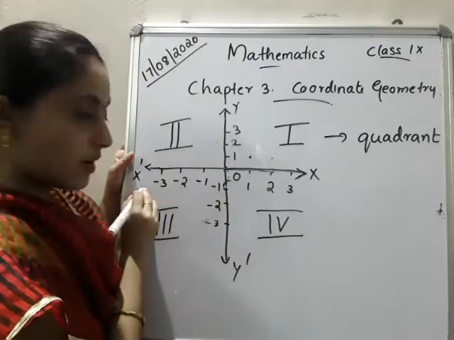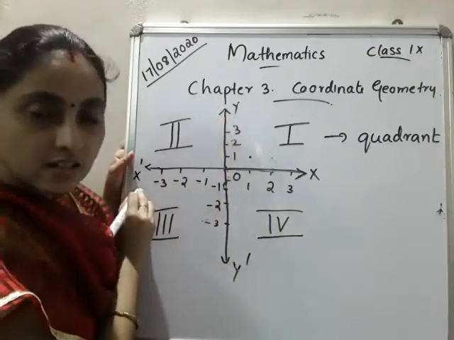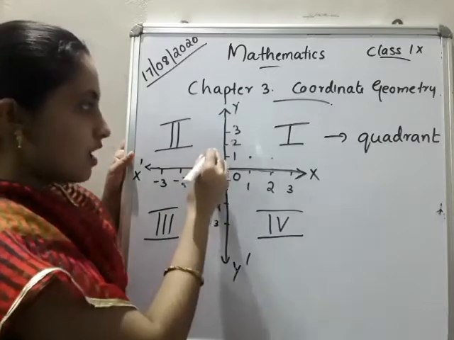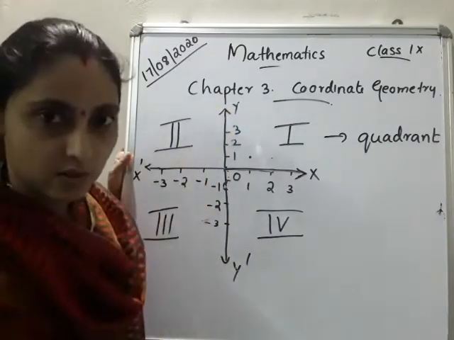Then what about the second quadrant? This is the X coordinate, this is the Y coordinate. The X coordinate is which type? Negative. The Y coordinate is positive. That is the second quadrant.